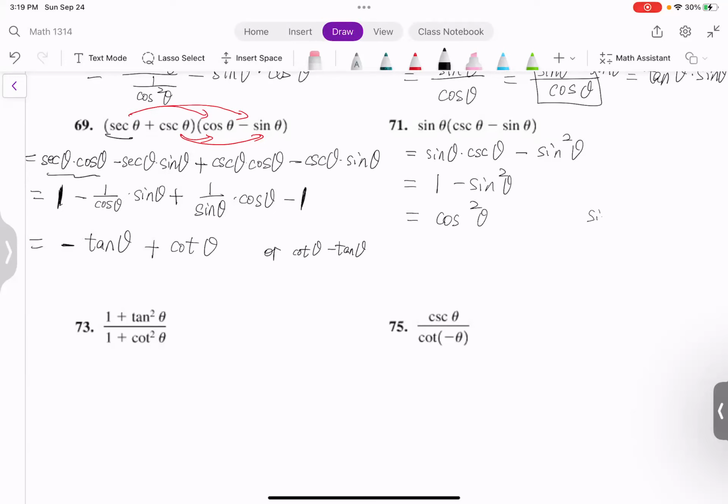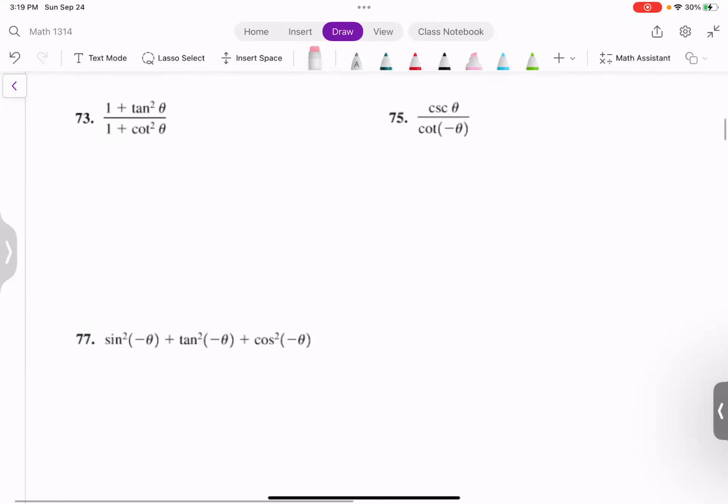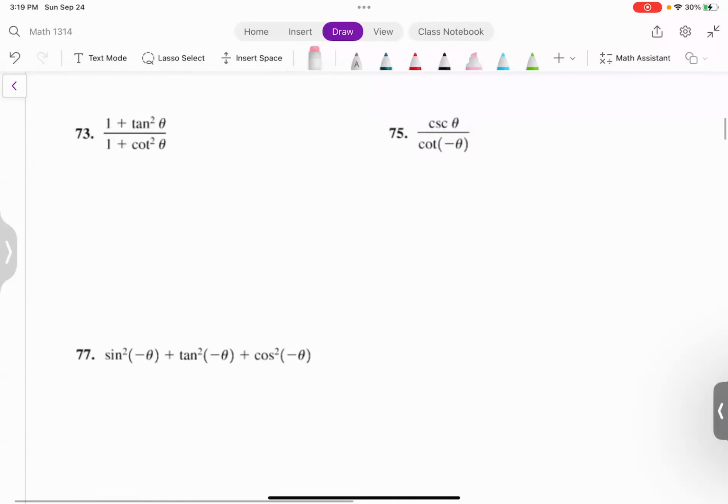So memorize that. We have the Pythagorean identities. So if I have 1 minus sine theta squared, that is cosine theta squared. Okay, let's see. We have 3 more left.